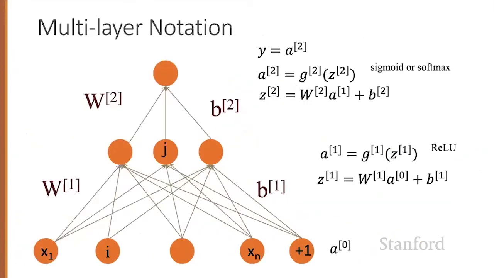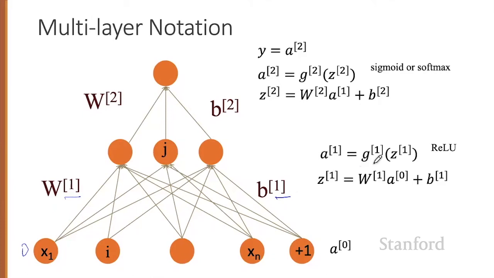Let's now set up some notation to make it easier to talk about deeper networks of depth more than 2. We'll use superscripts in square brackets to mean layer numbers, starting at 0 for the input layer. So W super 1 will mean the weight matrix for the first hidden layer, and b super 1 will mean the bias vector for the first hidden layer.